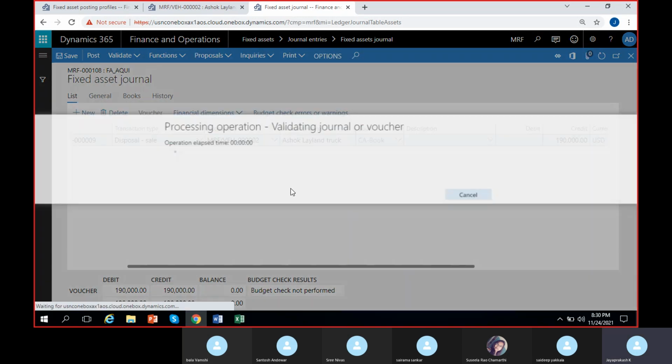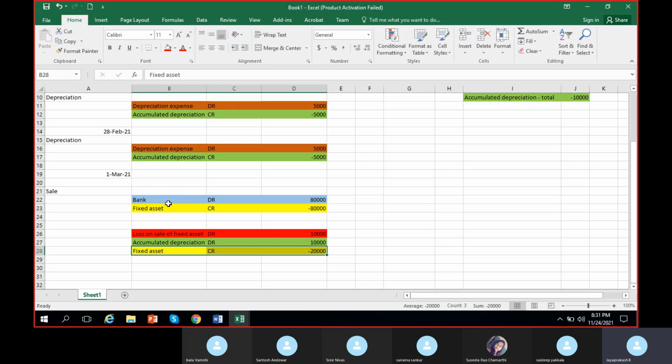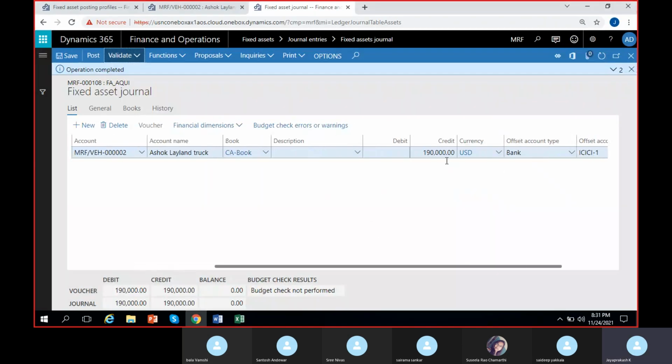So let me clear this entry for all of you. Asset account is being credited and bank account is being debited for the value that you are selling. However, it doesn't really consider this account here, but the results will be the same. So the fixed asset account is credited for 1,90,000 and the bank account is debited. So the journal is okay.